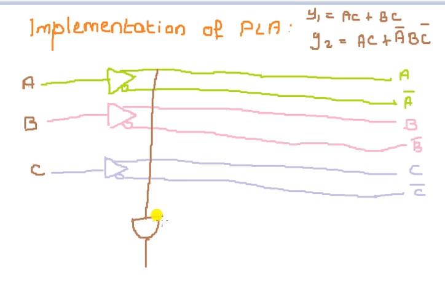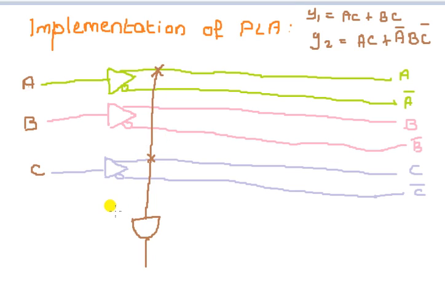We can represent the programmable AND gates in PLA like this, and the inputs from A and C to the programmable AND gate. So we can draw a fuse in the inputs A and C like this. This crossbar indicates the fuse.